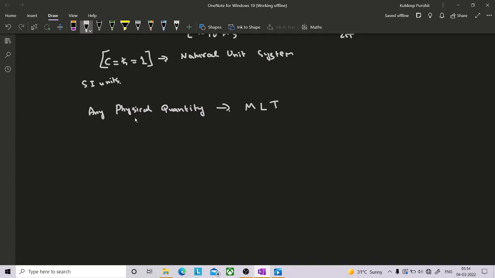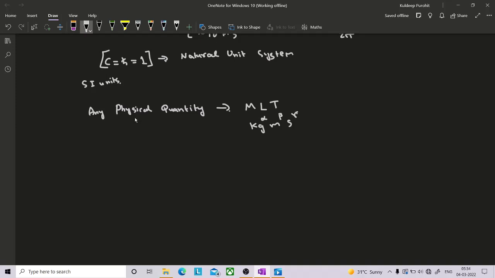In units, it is kilogram, meter, and second, and it will have some exponents. Let me write kilogram raised to alpha, meter raised to beta, and second raised to gamma.